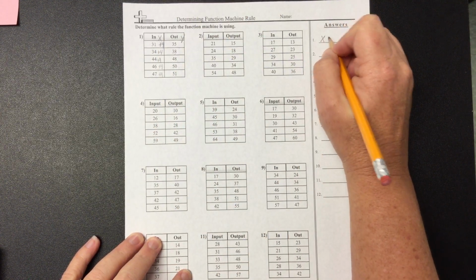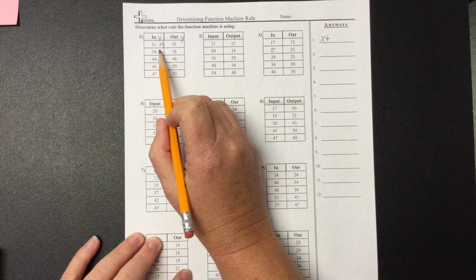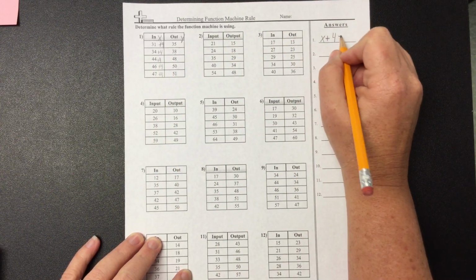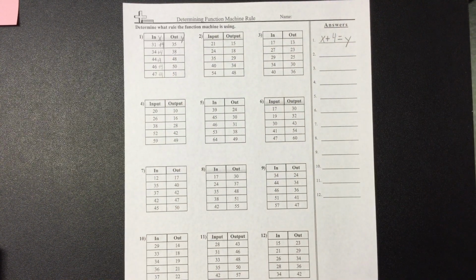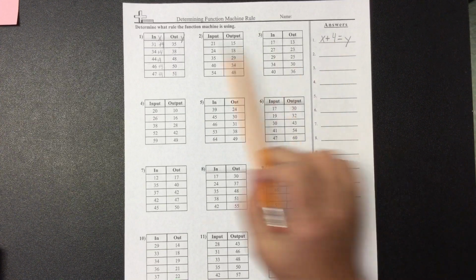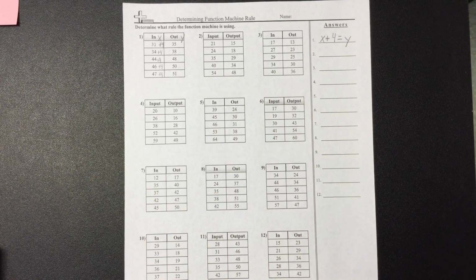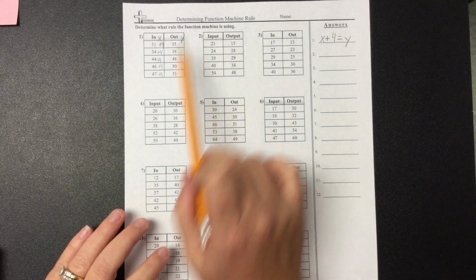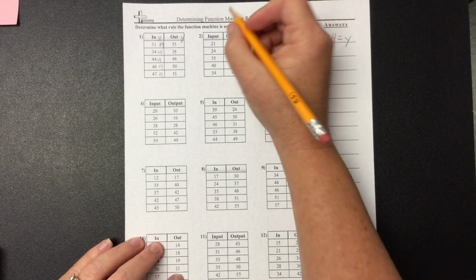And what does that give me? X plus 4 equals Y. So now, using this equation, I could give you any value for X, and you would be able to give me the Y value, correct? Yes.